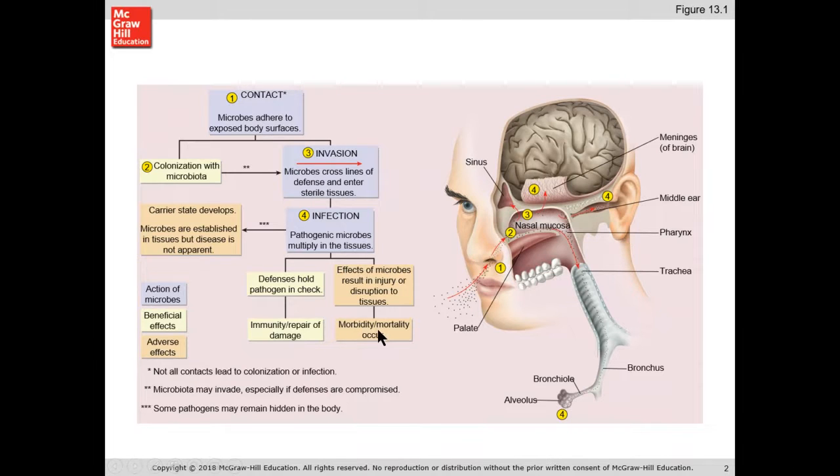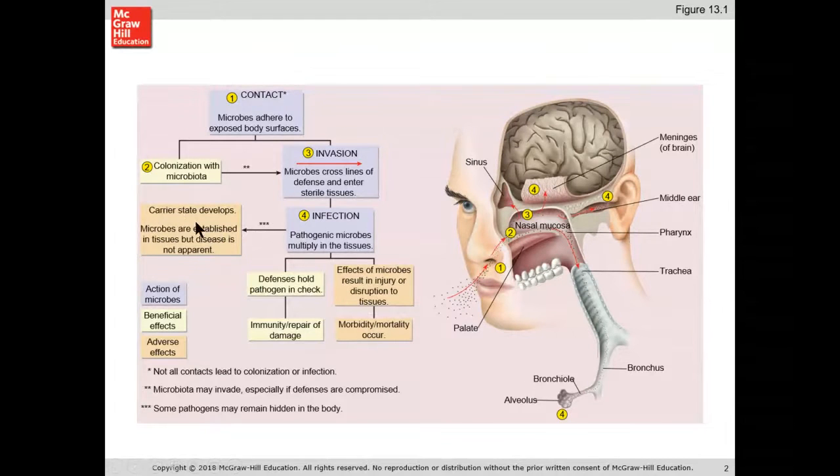Morbidity means sickness, mortality means death. So one of those is also possible. And so this is typically what happens with most diseases. Most pathogens will end in one of these 3 methods. You have no damage really, you get sick, you die.